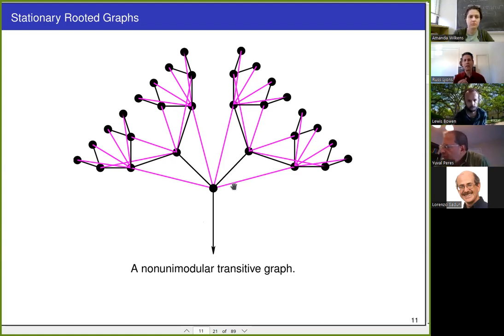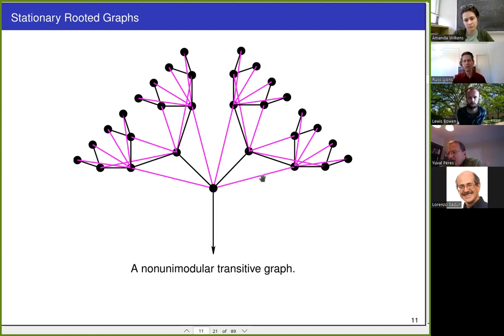A parent of a parent I will call a grandparent. So for every pair of vertices where one is a grandparent of the other, I add a new edge, which is colored in fuchsia here. So for every vertex, there will be 4 new edges going up and 1 going down. So the degree will increase by 5.